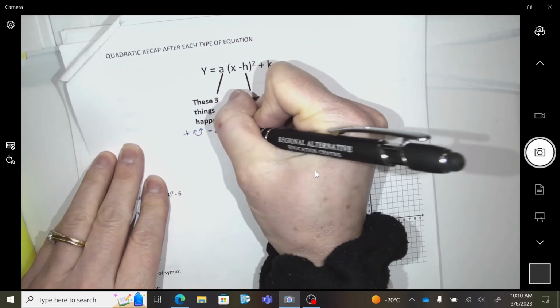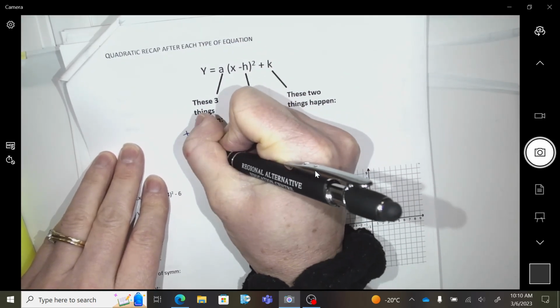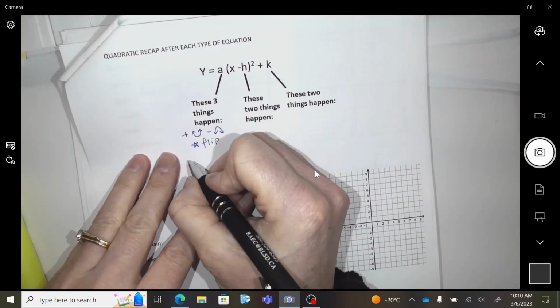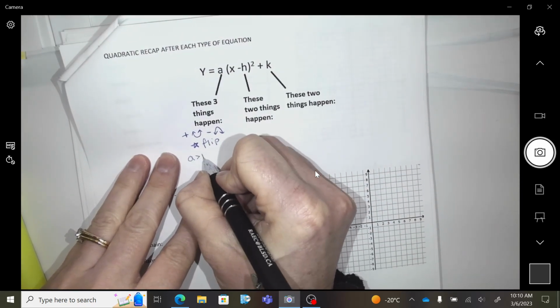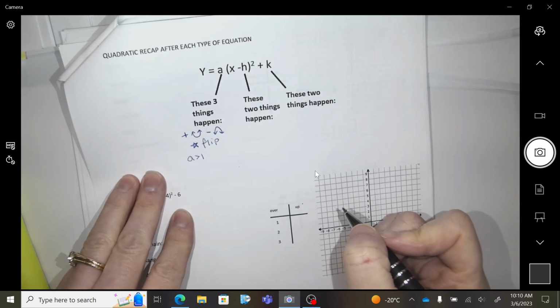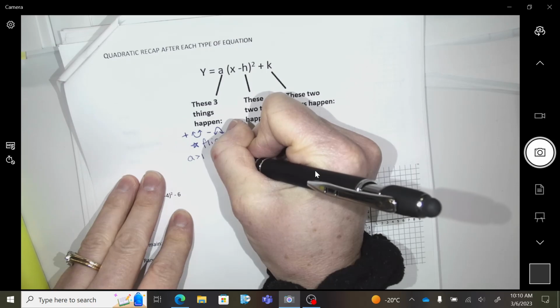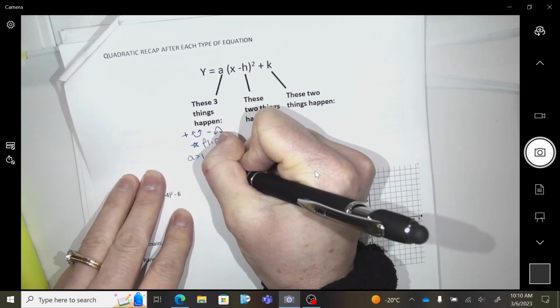It could flip it. So that's one word that could happen. What if A is bigger than 1? What would happen to my parabola shape? Narrow. It would narrow.